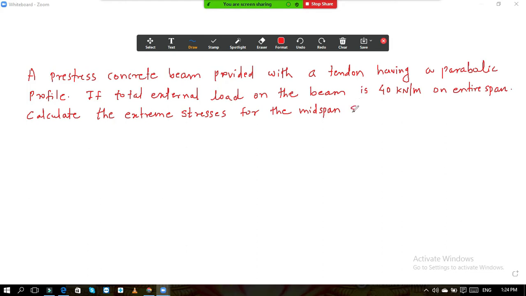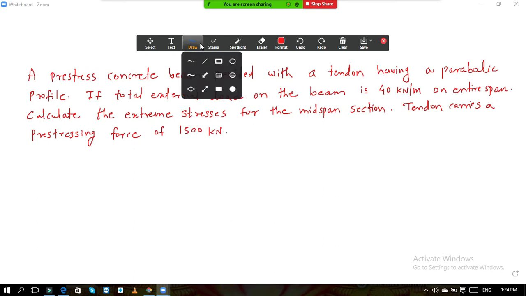The tendon carries a pre-stressing force of 1500 kilonewton. The diagram is also given.